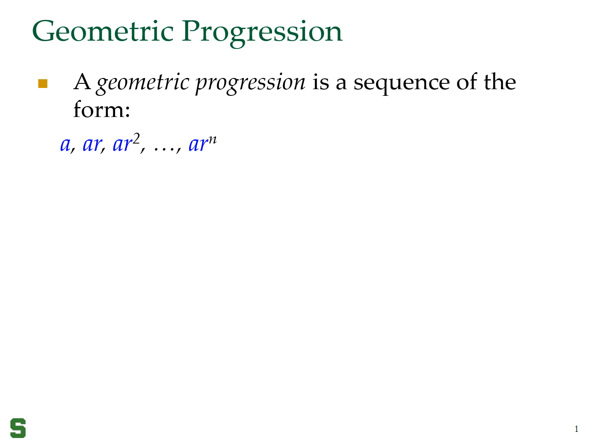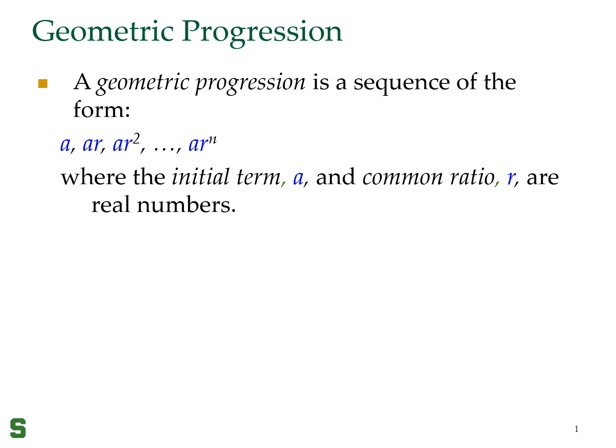That means you start with some number a and you obtain the next number by multiplying the current number by r. So the initial term is a, and there is a common ratio of r between any two terms. Essentially you multiply the current number by r to find the next number in the sequence.